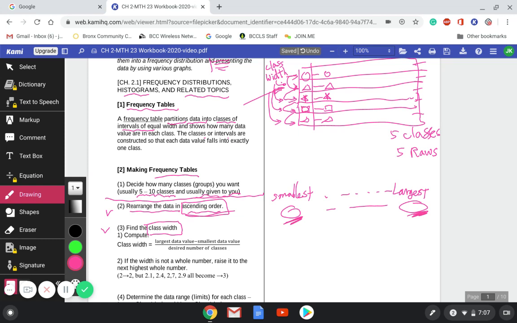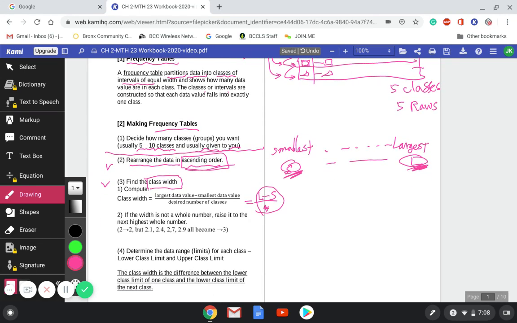You can find this class width from this formula: the largest data value minus the smallest data value, divided by the desired number of classes they gave you in the question. So this is largest, this is smallest. That's how you find the class width.